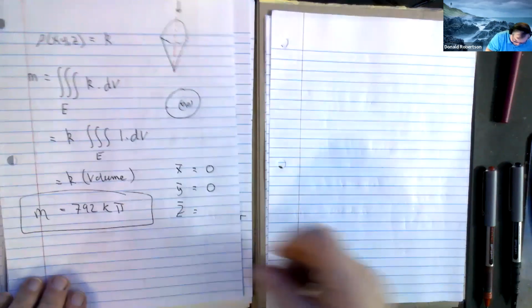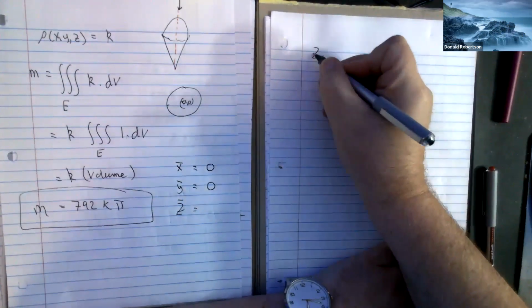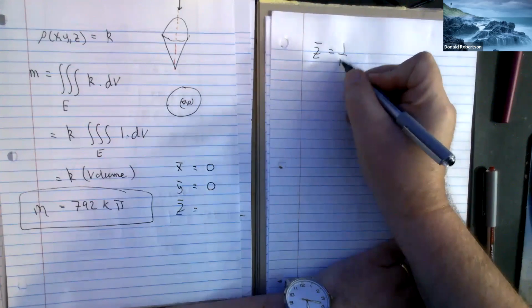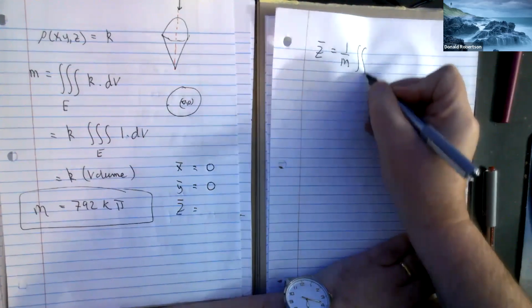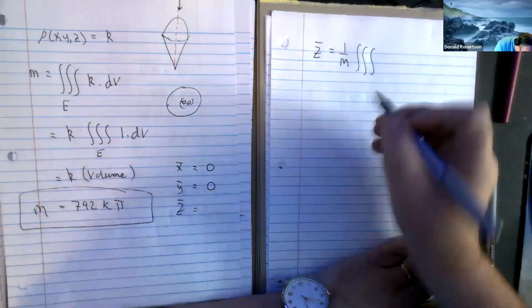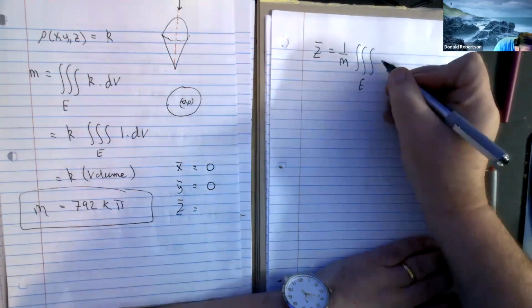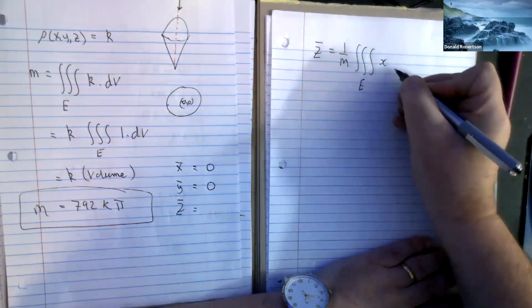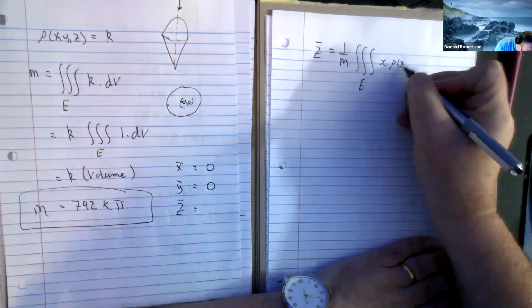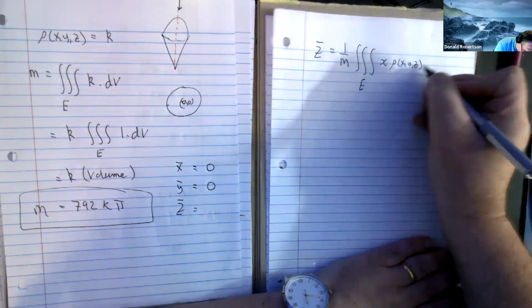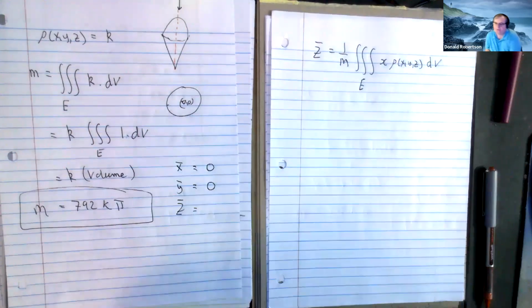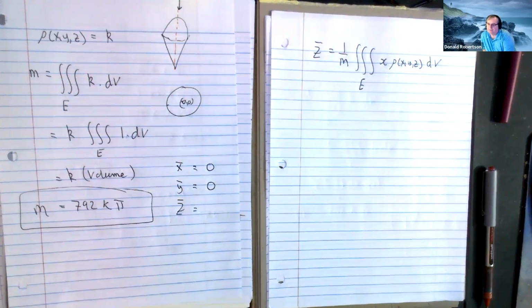Well, if you want to find z bar, it's 1 over the mass, times the triple integral of E of z times the density function dV, right? That's your starting point.